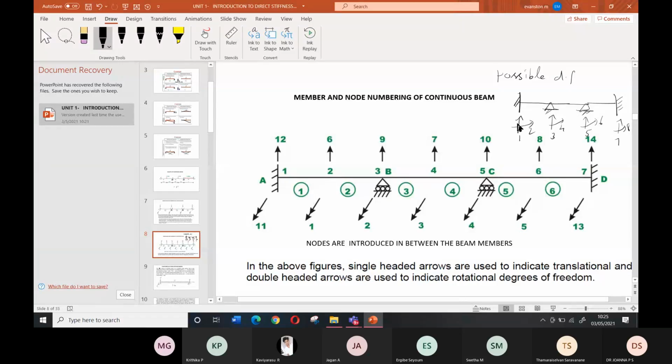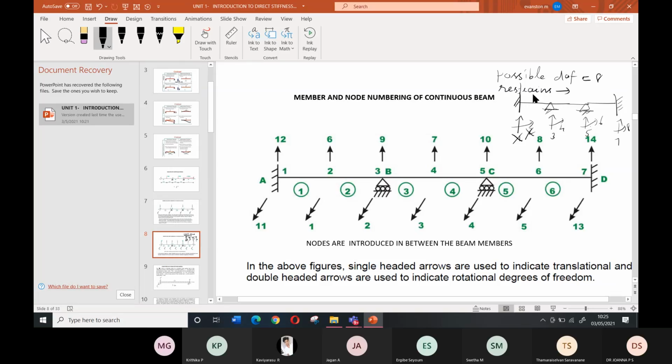Suppose here it is restrained vertically, here vertically restrained, and moment also restrained. If I get the question, what is the number of restraints? The possible degree of freedom, DOF, is 2, 4, 6, 8, which is 8.